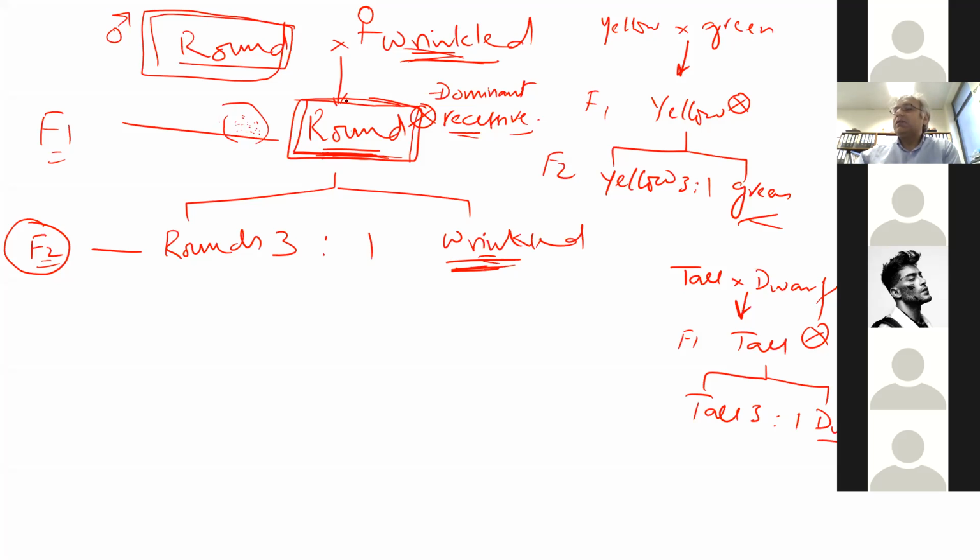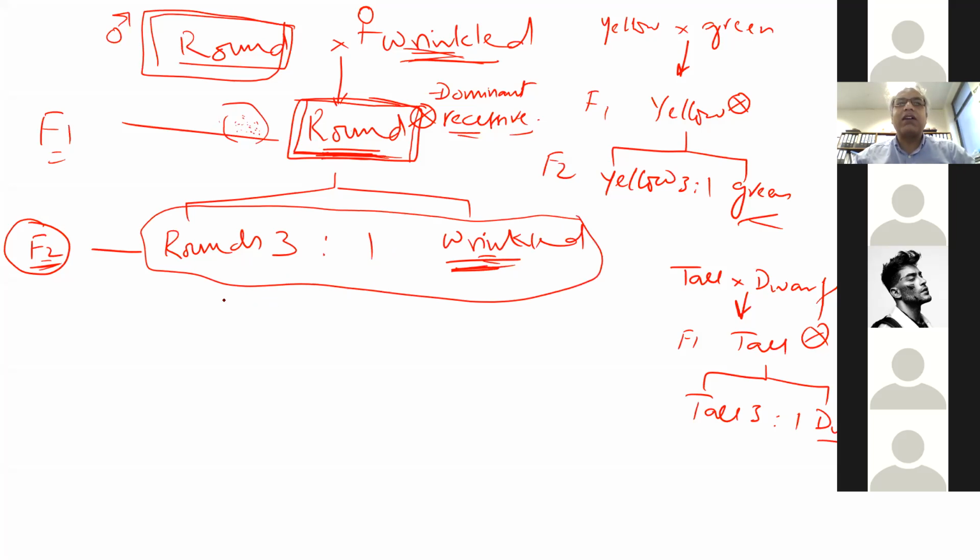Okay, so what he did in F2, and this is something which was really interesting. He randomly took 100. So in F2, you have rounds and wrinkled. Let's say we have 100 total F2 individuals, and roughly you will have 75 rounds and 25 wrinkled.